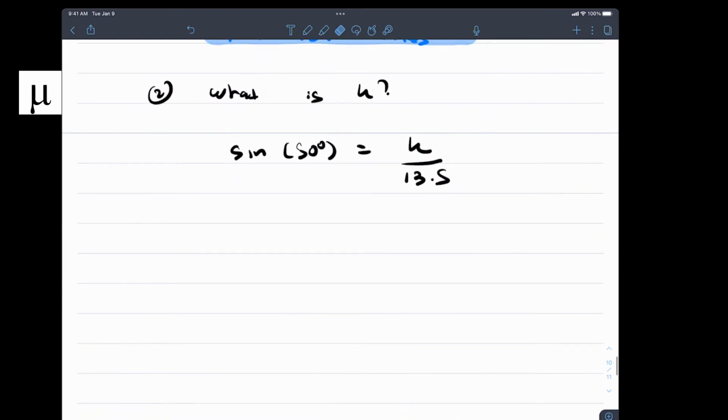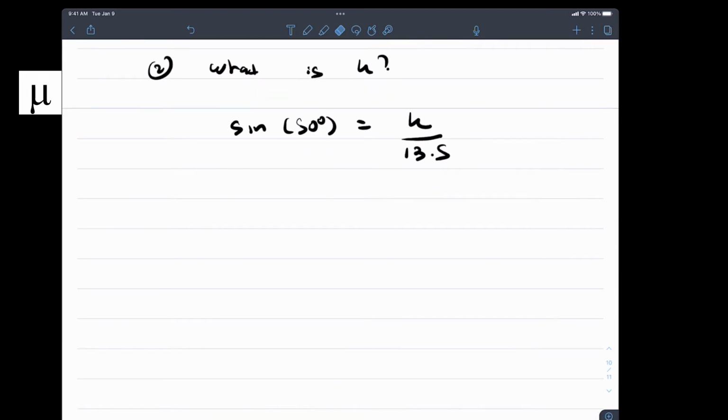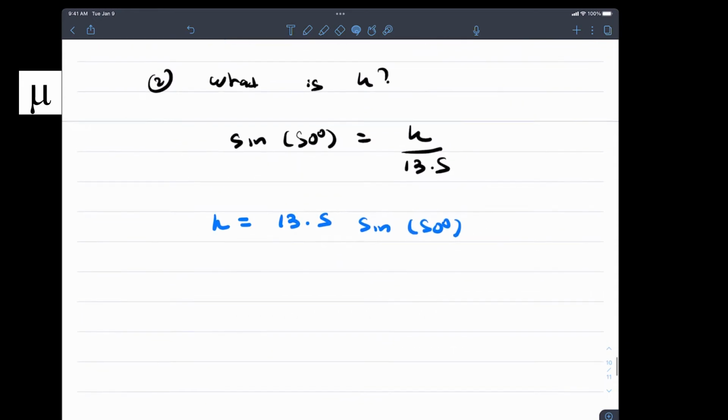So ladies and gentlemen, here's the deal. Solve for H. How do you solve for H? Right? H will be 13.5 sine 50 degrees. Okay?